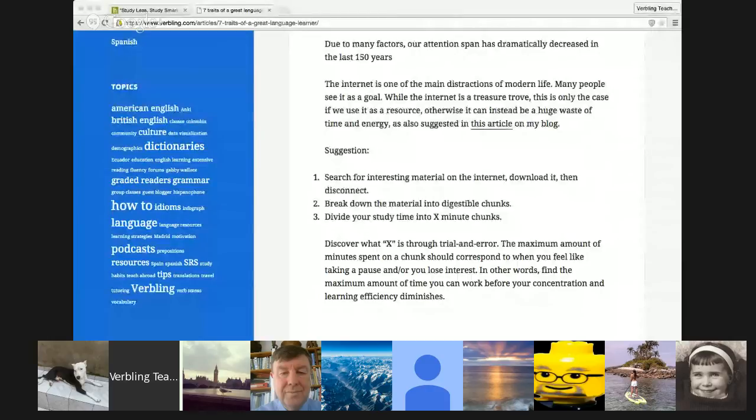It's better to look for the information first, then download it, and when you are going to study this information, it's better to disconnect from the internet and keep studying.